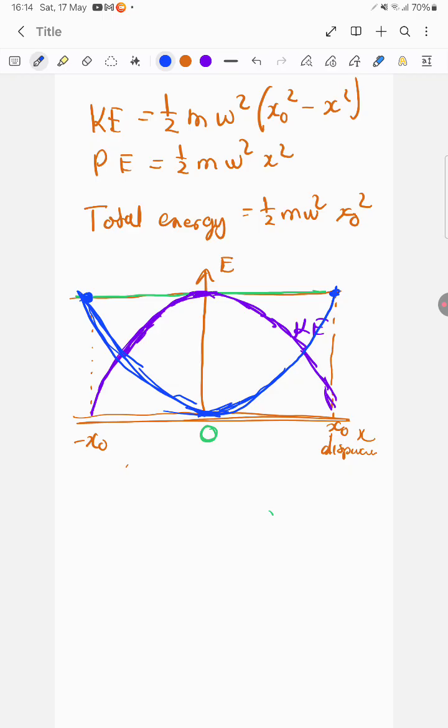So this is the PE graph, the elastic potential energy graph. That graph is always like that. Right, and then we'll take a break, and then we'll pick up on damped motion.